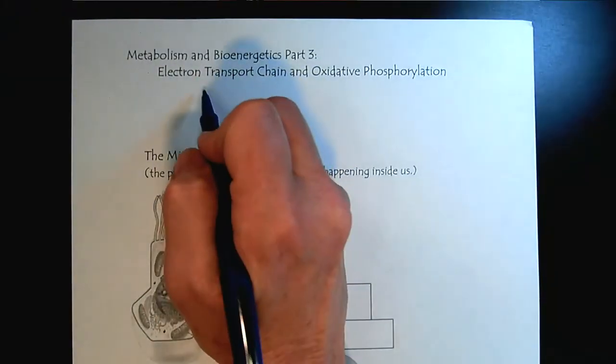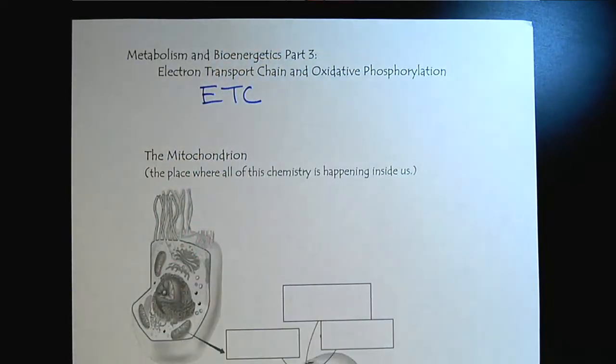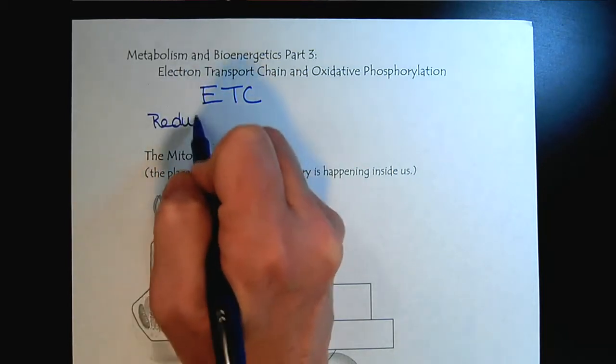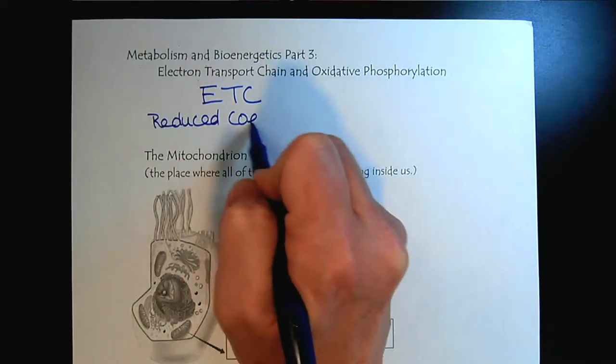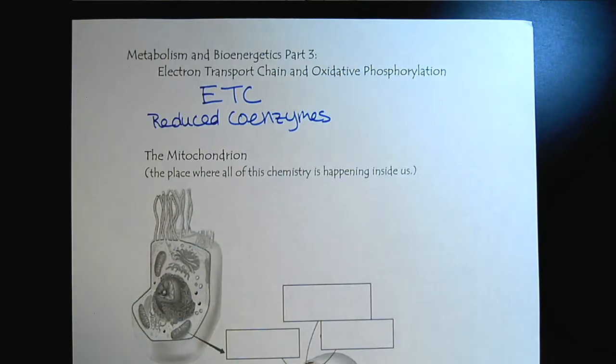Let's get started. This abbreviation we've already talked about, but just to make clear, ETC will be the electron transport chain. And this is all about the reduced coenzymes, transferring the electrons so that we can get ATP molecules.